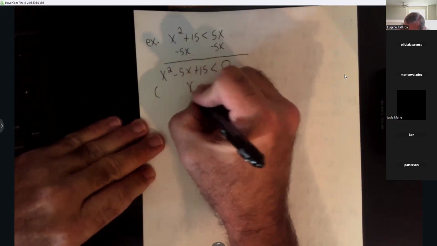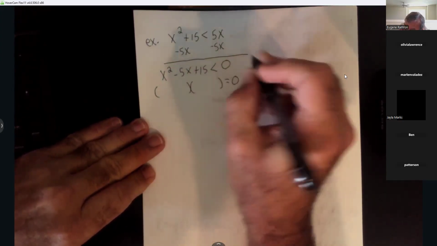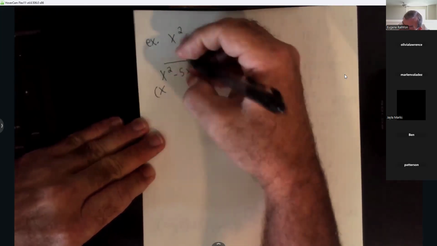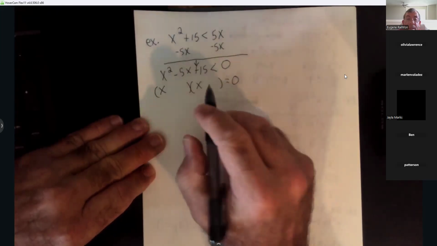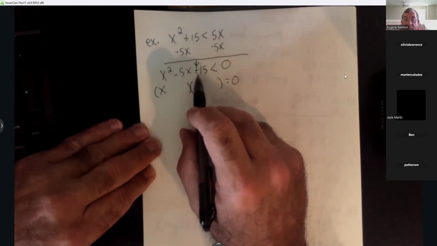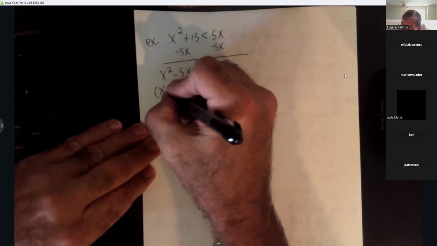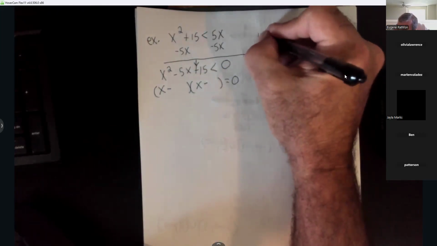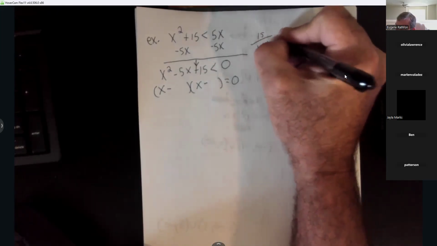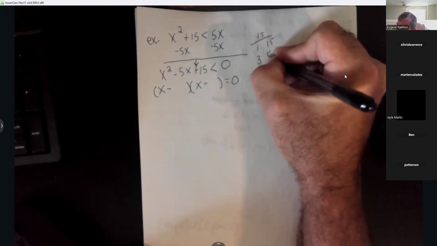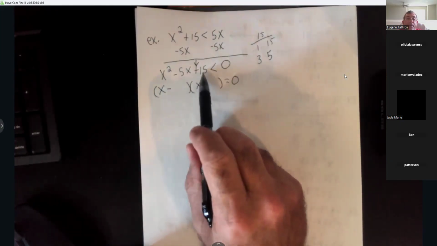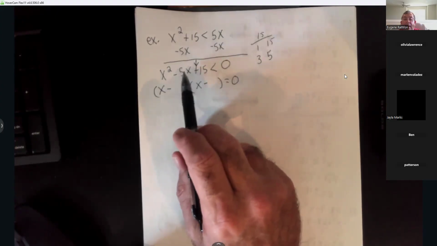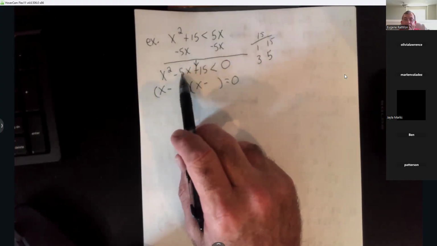All right, y'all, then we're going to try to factor this. x squared is an x and an x. The last sign is positive, so both of these will be negative like the middle. I need factors of 15, so that'll be 1 and 15, 3 and 5. Since that's positive, I need factors of 15 that add to give me 5.